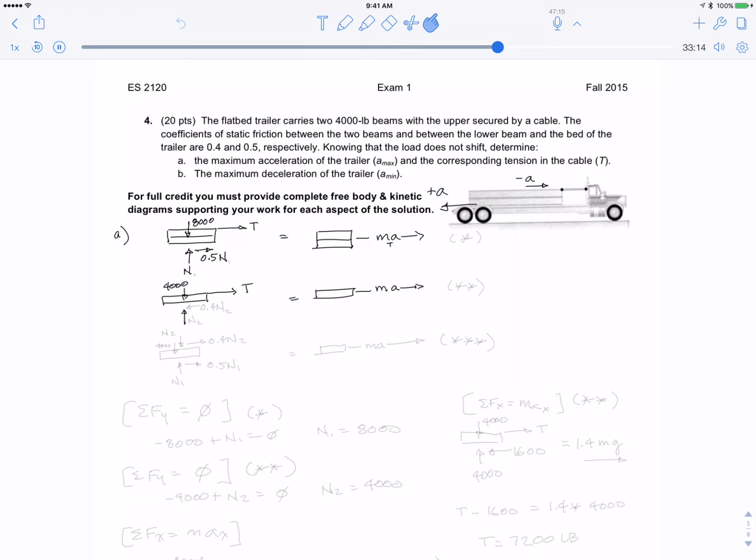There's N. And so the bottom beam is sliding out, so it's going like that. 0.4N. And then I did the middle beam, which does not have the cable on it.